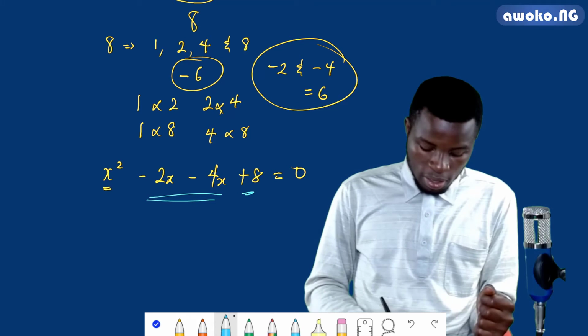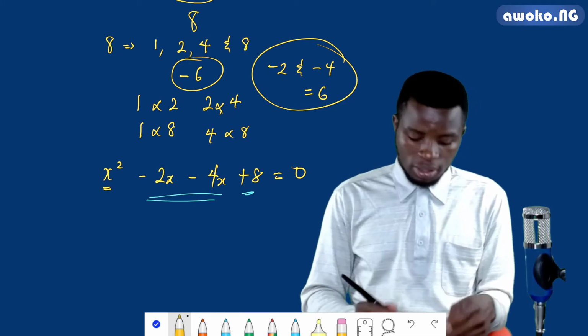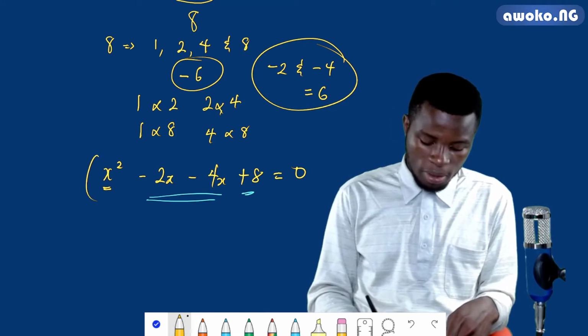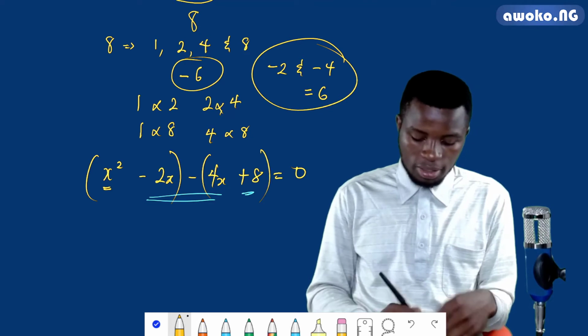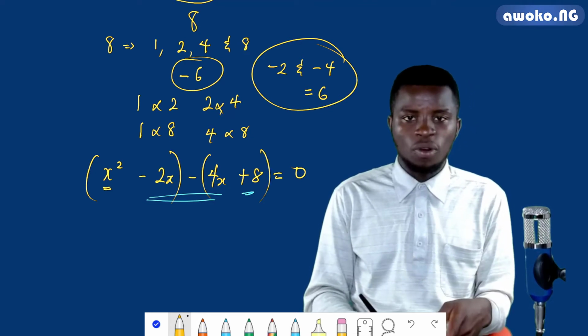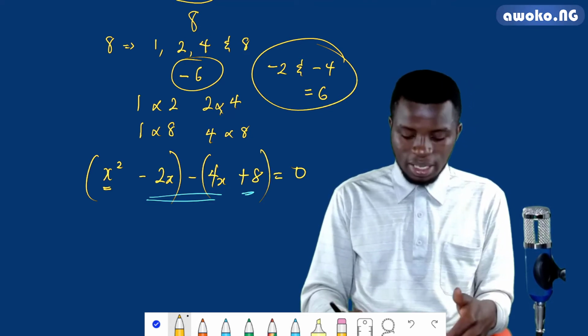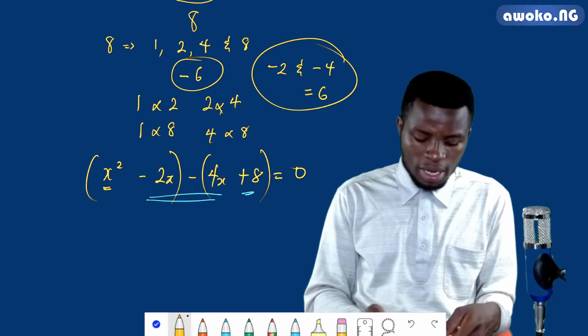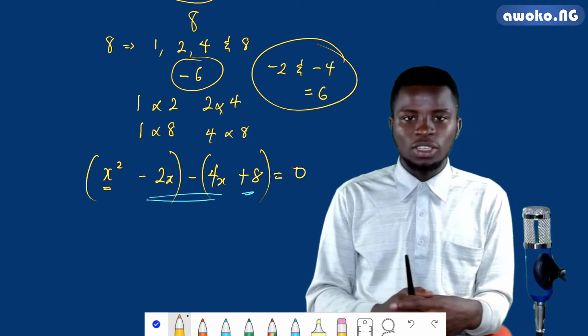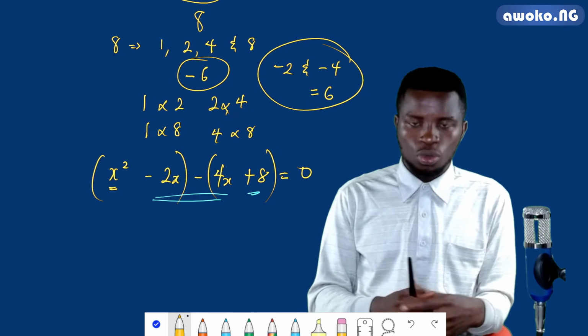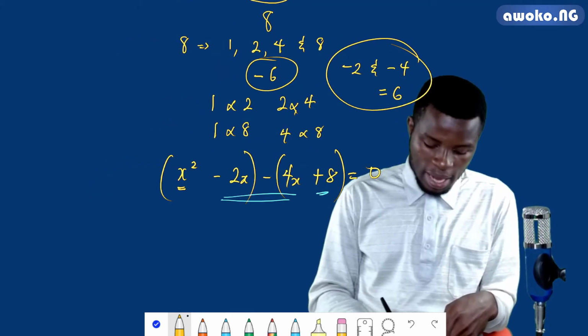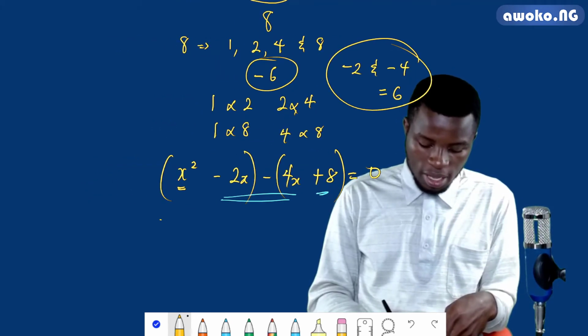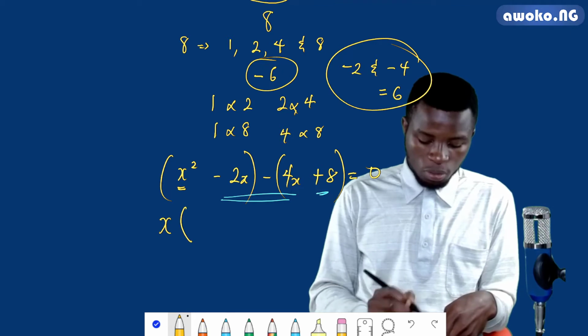After doing this, the next thing is to pair them like this, such that we will now look for the common elements in each of the pair. Looking at x squared and minus 2x, what is common to these two terms? You realize that the common factor here is x, then this will be in the bracket.